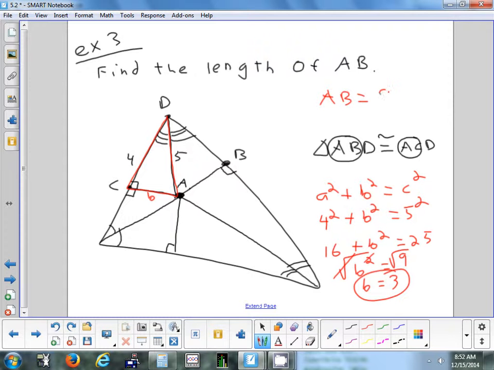So AB is 9. You don't have to write a formal proof. Sorry, 3, thank you. So you don't have to write a proof formally that these triangles are congruent. Just use what you already know and then do the Pythagorean theorem. Okay, any question on that?